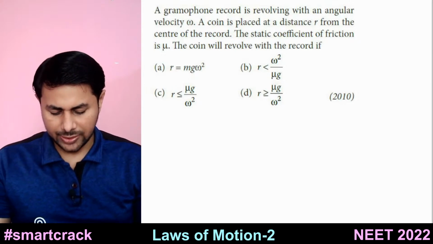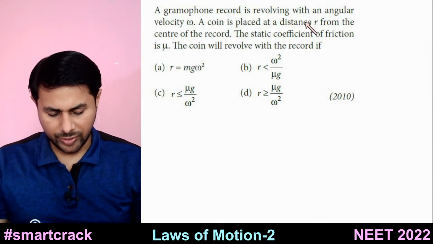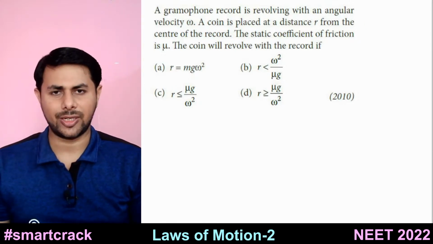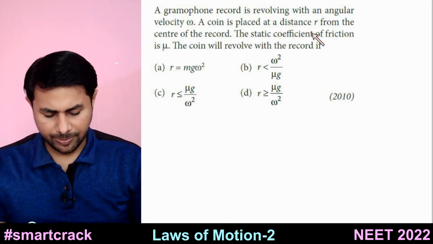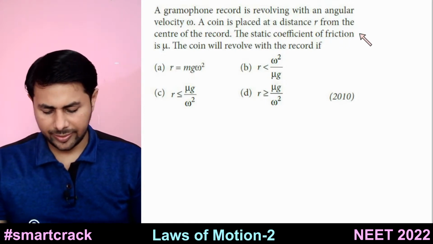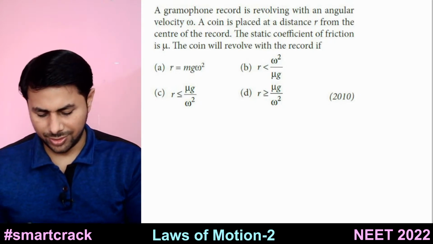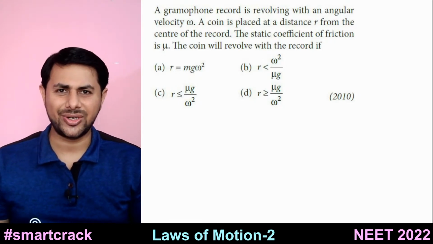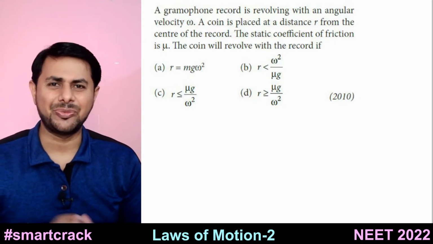So the next problem is a gramophone record is revolving with an angular velocity omega. A coin is placed at a distance r from the center of the record. You might not have seen a gramophone record, or you might have seen it in movies.